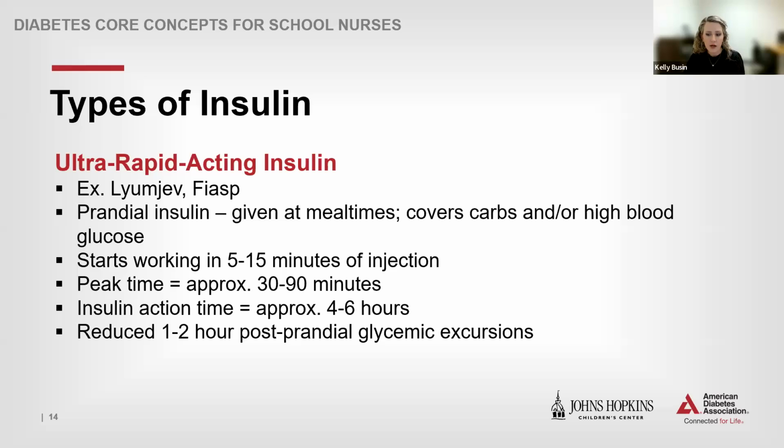So always check your DMMP, and then it would be important to communicate with the student's parents about what an ideal premeal bolus timing would be for that student, to make sure that you're not having to deal with lows in the setting of faster insulin onset time.